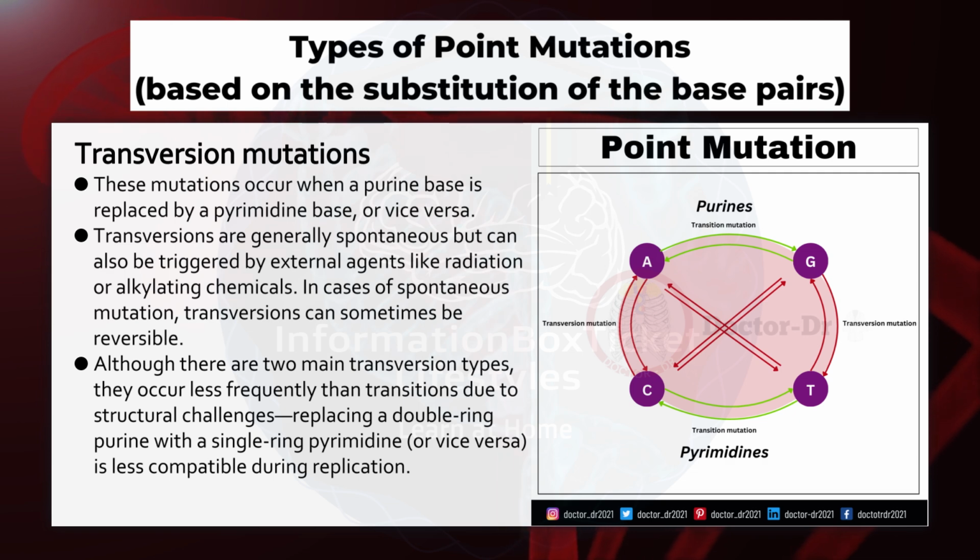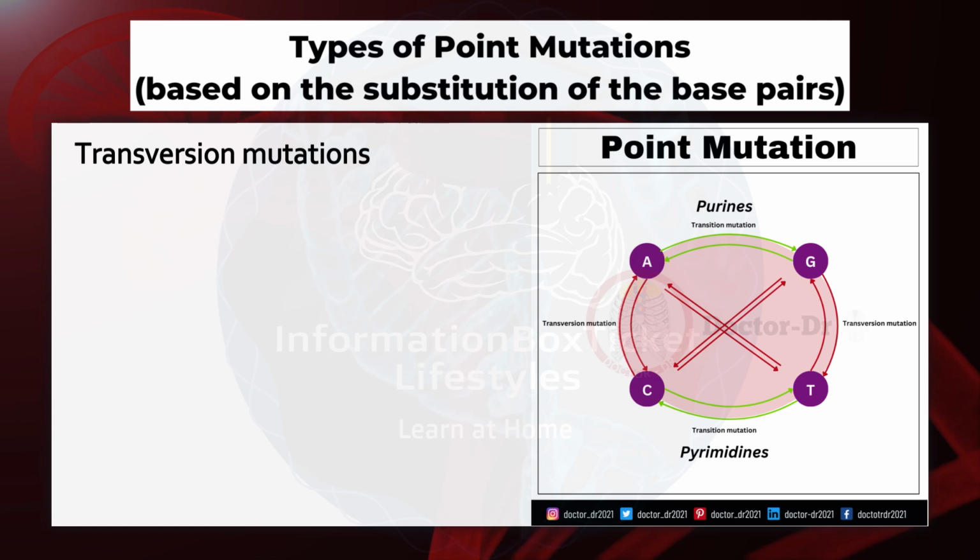Although there are two main transversion types, they occur less frequently than transitions due to structural challenges. Replacing a double-ring purine with a single-ring pyrimidine, or vice versa, is less compatible during replication.